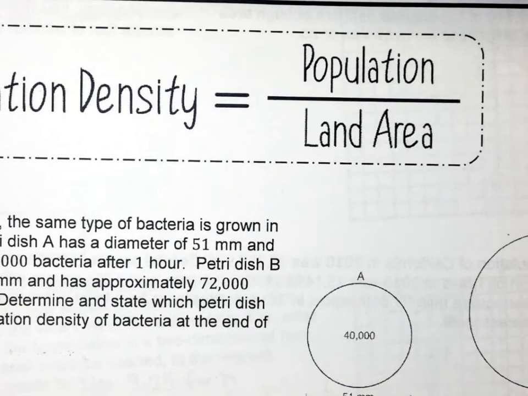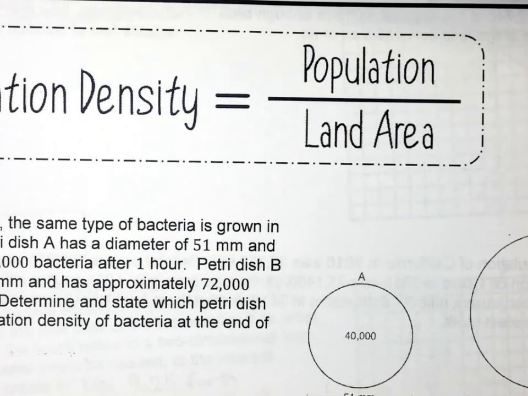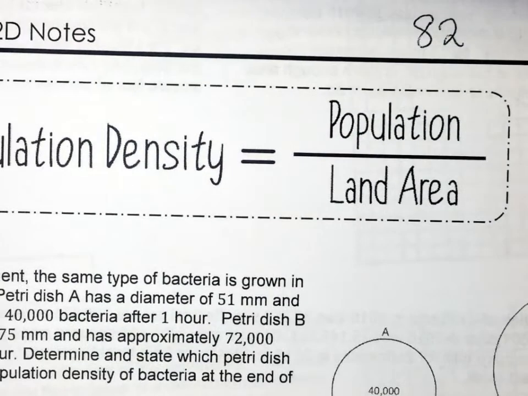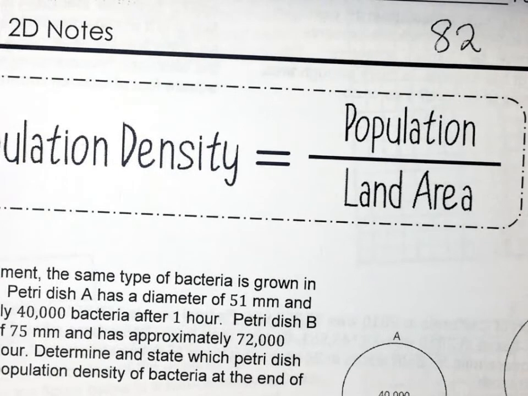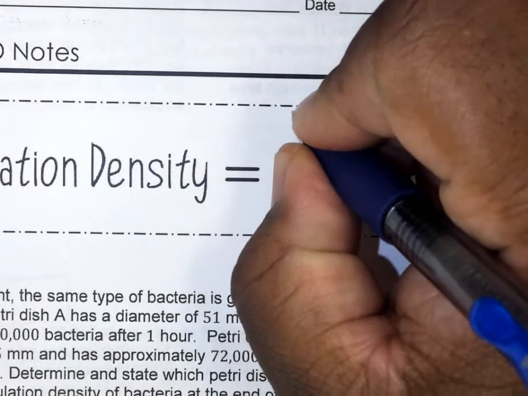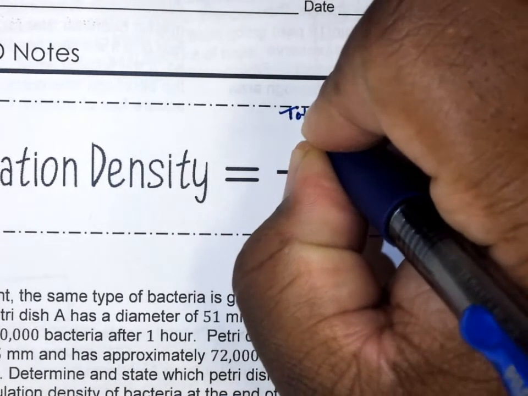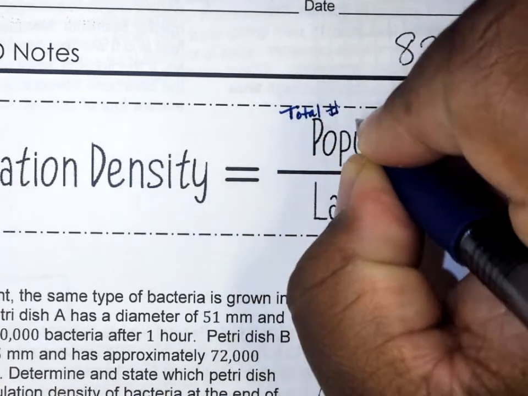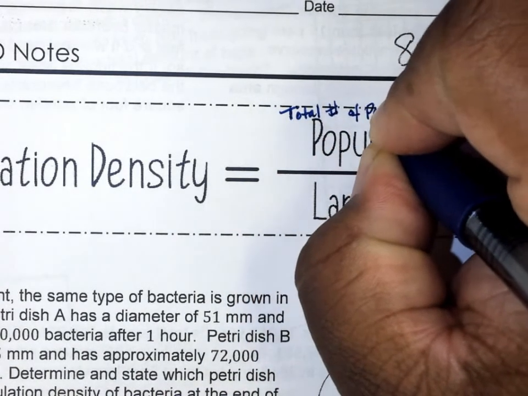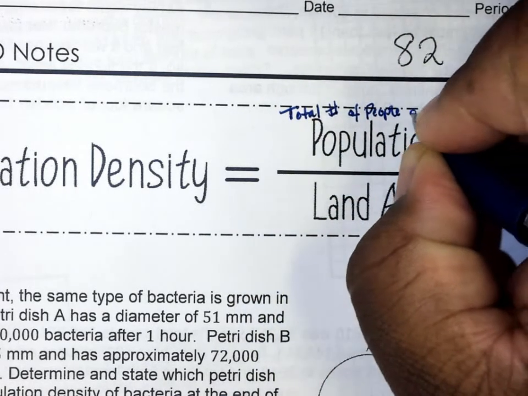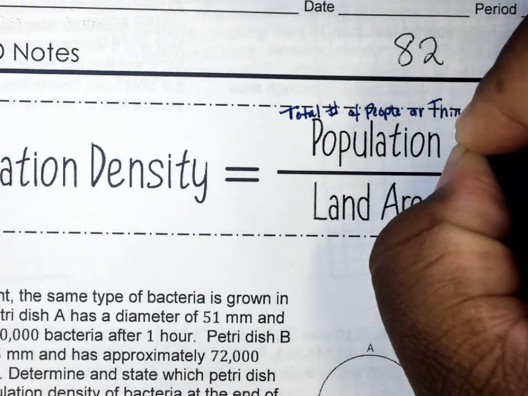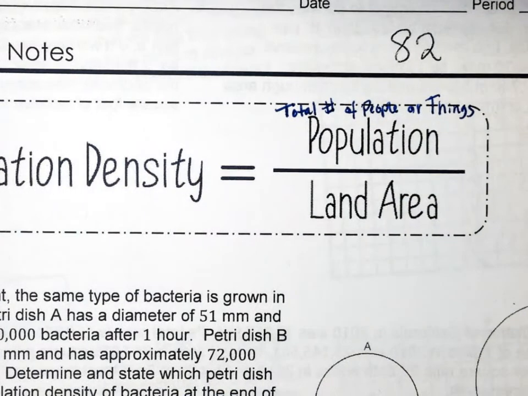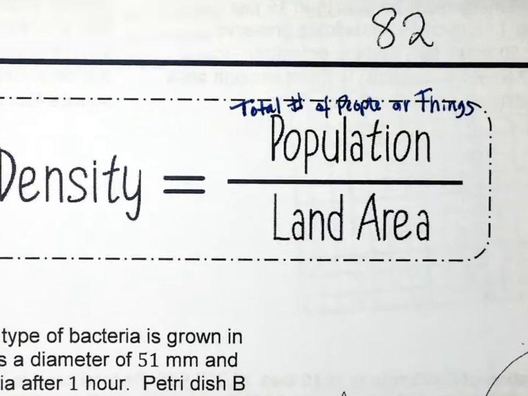I'm gonna have y'all write some stuff on top of these words just to help you understand them a little bit better. Population, that word itself, is basically the total number of people or things. I say things because it could be something other than people.